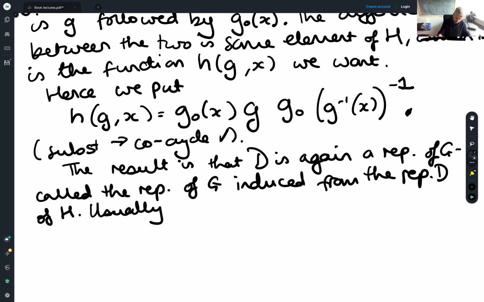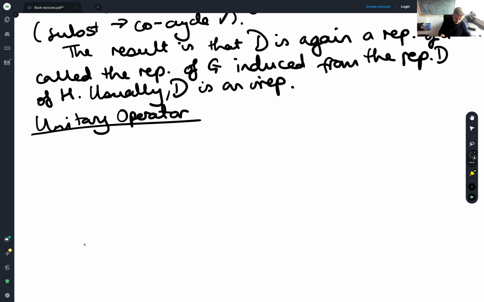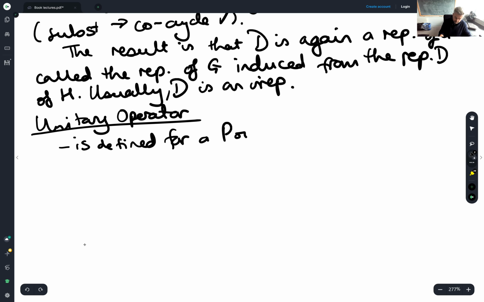All right. So to begin applying this to our one-particle states, we have to go back and think about a unitary operator that's going to represent a Poincare transformation acting on those quantum states. So let's introduce the unitary operator, defined for a Poincare transformation.